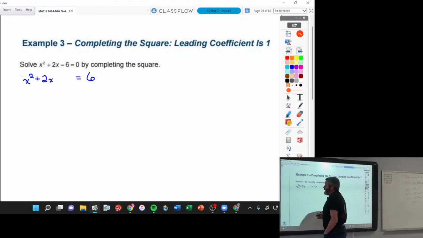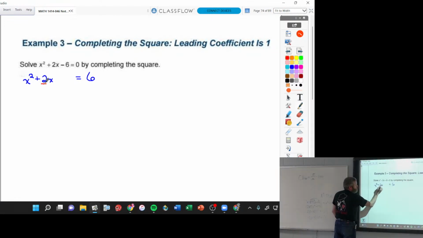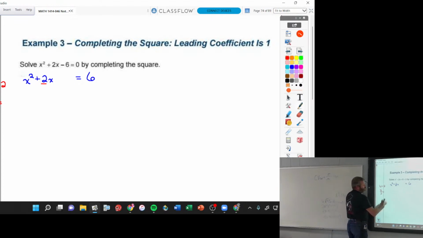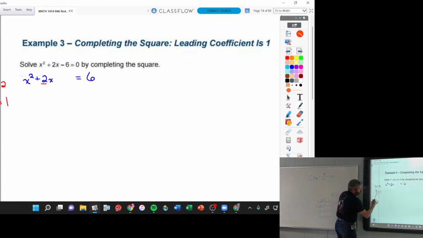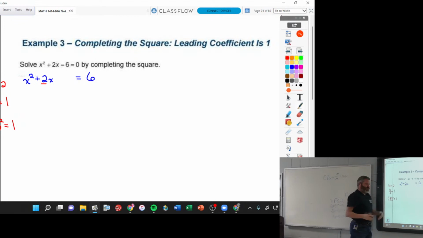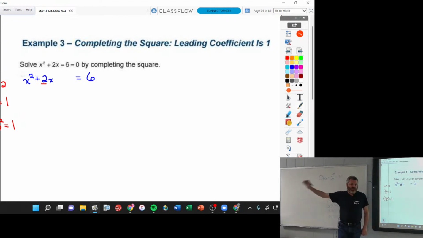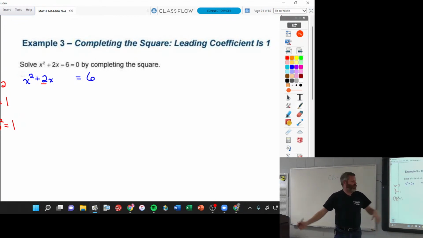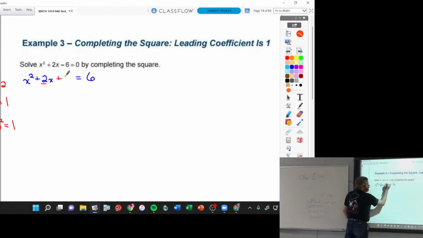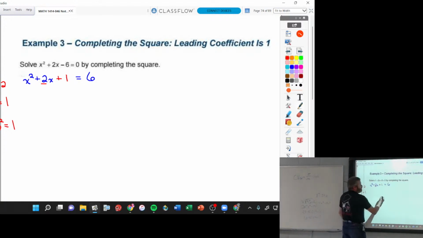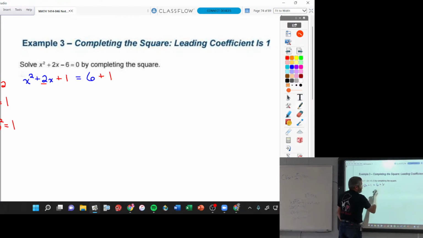So now let's figure out what we need to add. For this problem, b is 2. If I took b and cut it in half, half of 2 is 1. And if I took that half of b and squared it, well, 1 squared is 1. So what I need to do here is I'm working with an equation. So remember, if I do something to one side, I have to do the exact same thing to the other side. I'm going to add a 1 to the left side. But if I add a 1 to the left side, I must add a 1 to the right side.